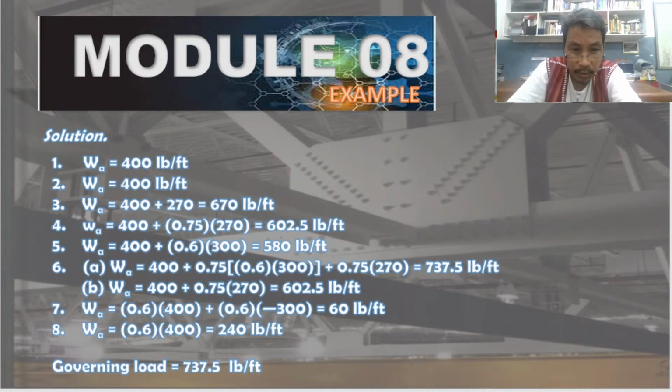Equation number 3, dead load plus roof live load. So dead load is 400 plus roof live load 270 is equal to 670. Okay, then equation 4 is dead load plus 0.75 live load plus 0.75 roof live load.